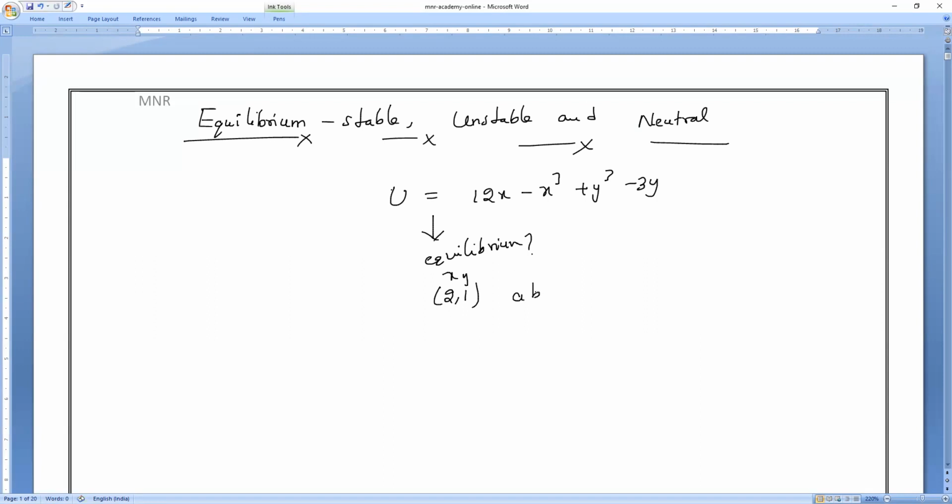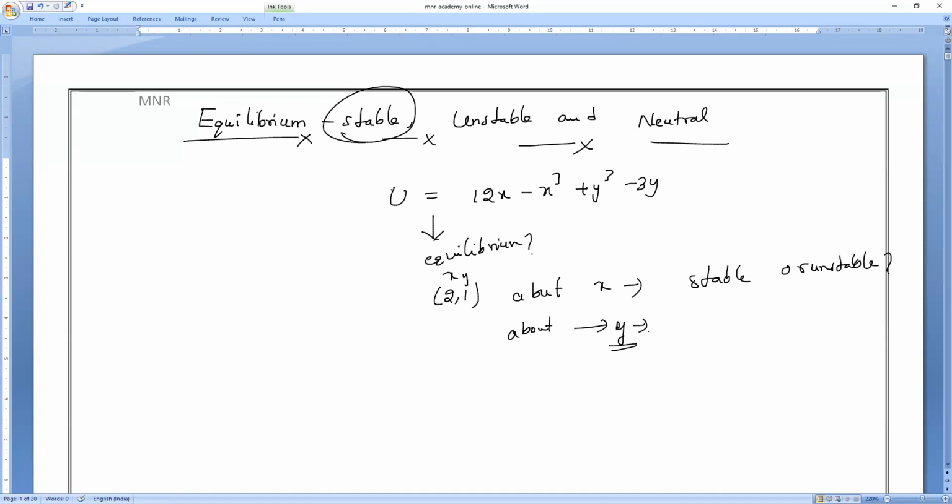So about x, is it in equilibrium, and about y, is it in equilibrium? If it is in equilibrium, then the next question: about x, is it stable or unstable?